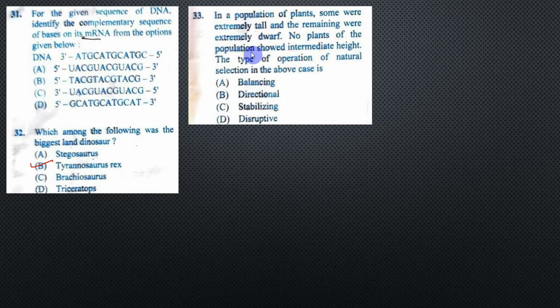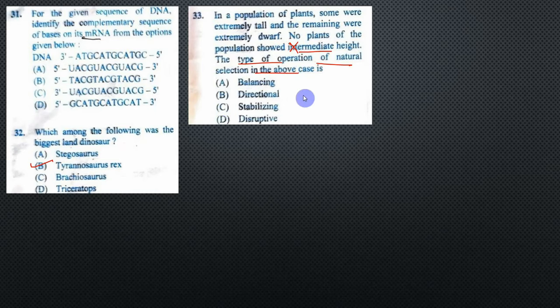No plants of the population showed intermediate height, right? So the type of operation of natural selection in the above case is balancing, directional, stabilizing, or disruptive. In this case, there were two extremes, that is extremely tall and extremely dwarf. So this case fits with disruptive selection. So the answer for this is D, that is disruptive selection.